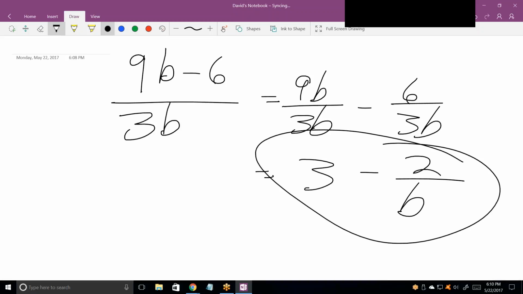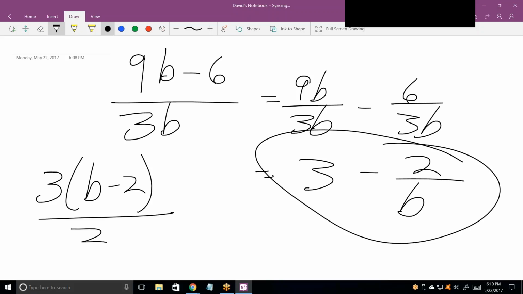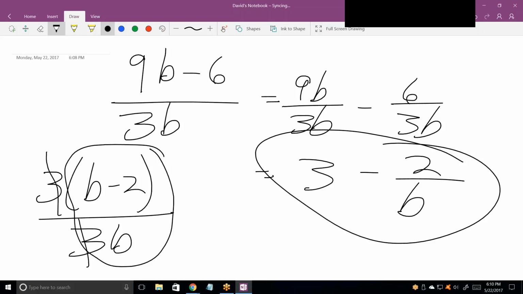In other words, I'm going to factor out a 3 from the numerator. And I'm going to still have that. So the 3's would cancel, and that would be an acceptable answer. Notice that that's the same answer that we have.